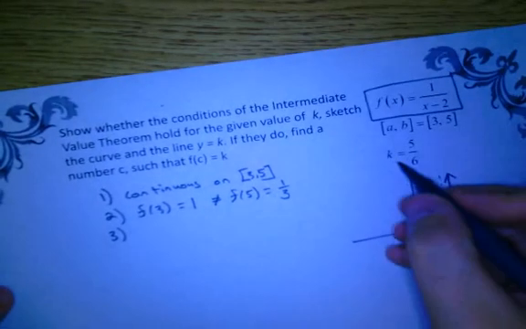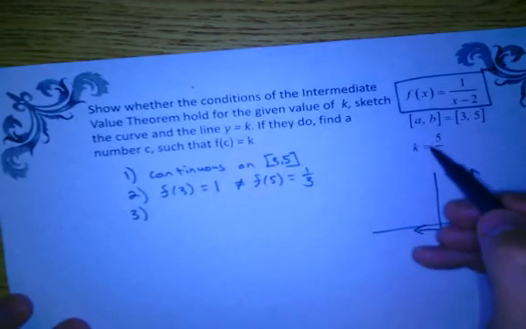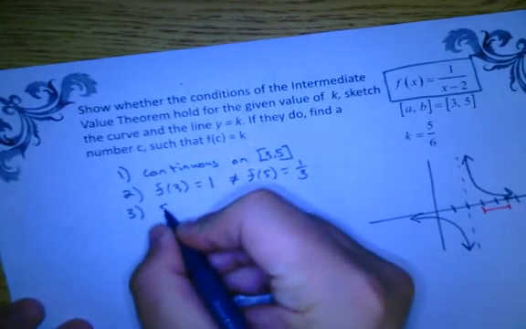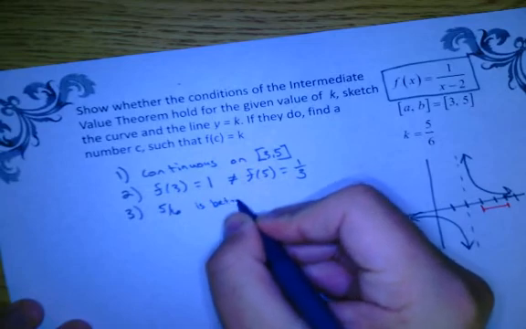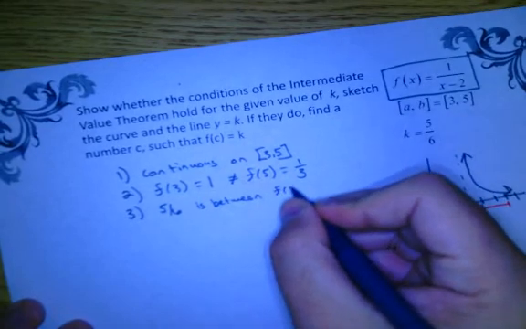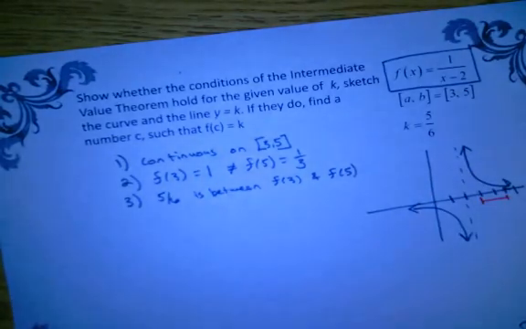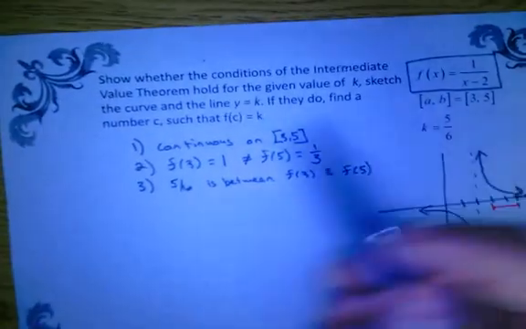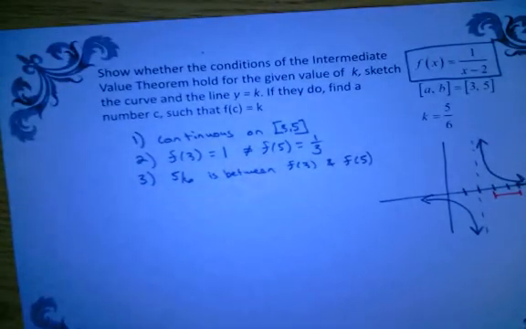And then my k value, it wants 5/6. Well, is 5/6 between 1 and 1/3? Well, it is. So 5/6 is between f of 3 and f of 5. So now this works, so we can use the IVT. This is just asked to show the conditions, so we did. And there we go. So we just proved all the conditions.